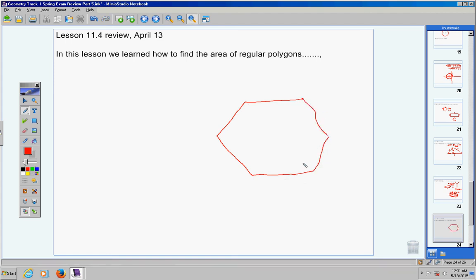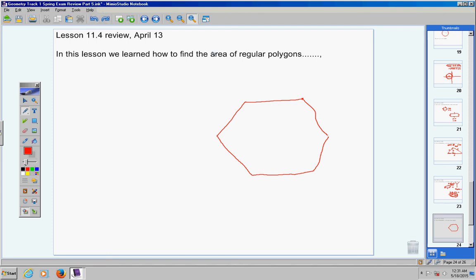Okay, there we go. Now, remember it's supposed to be a regular polygon, which means all of these sides would be congruent, even though my drawing looks pretty bad and it doesn't look like it. All of the sides would be congruent.